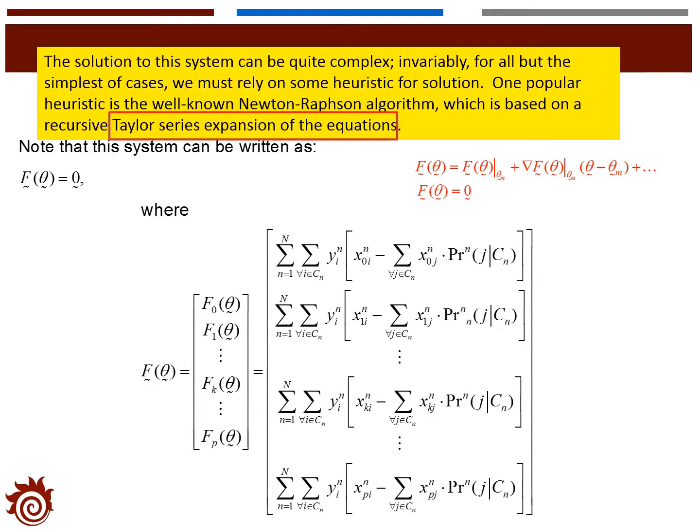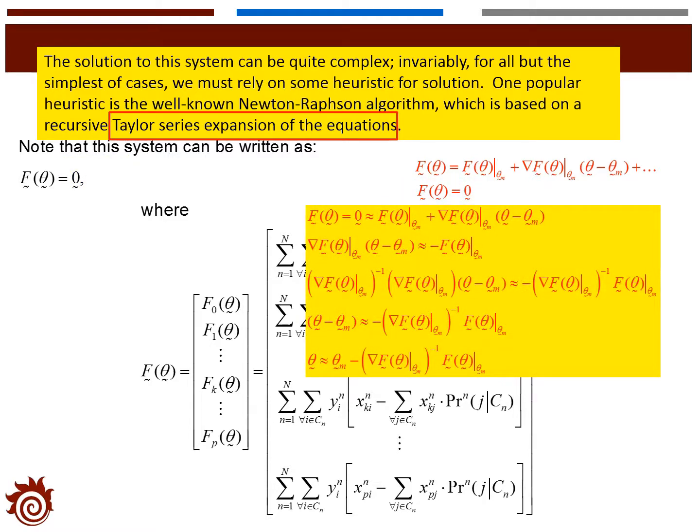Also, from the optimization problem, we want F theta equal to 0, and this means we will have the expansion equal to 0. Then we can derive that lambda F theta times theta minus theta m is approximately equal to minus F theta at theta m.